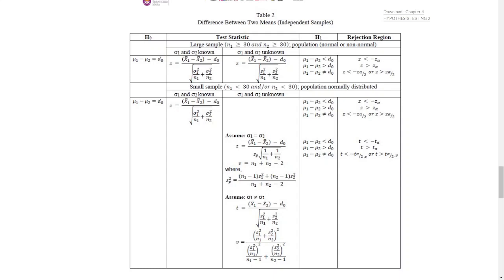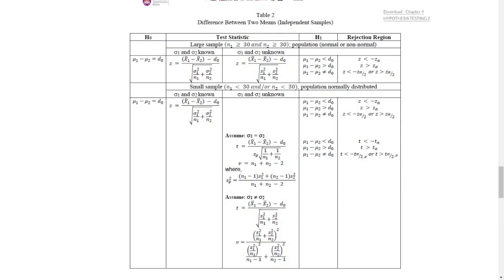However, the standard deviation will be estimated from the sample. So the difference between the first one and the second one on the right side is simply the calculation of the standard deviation. One is using the given standard deviation from the population, and the second one is from the sample, calculated from the data that you have. Okay, so that is the difference.